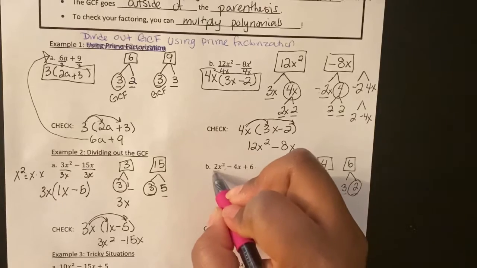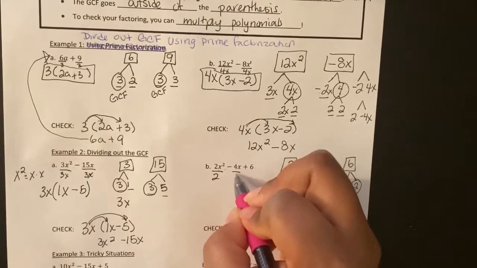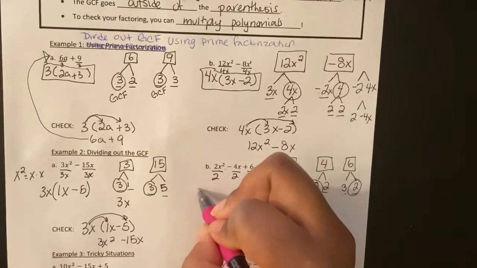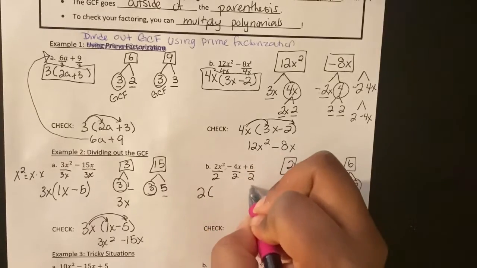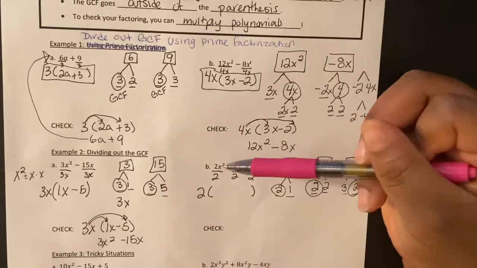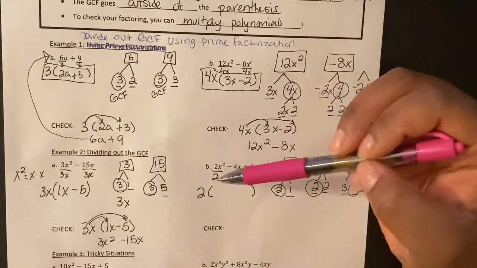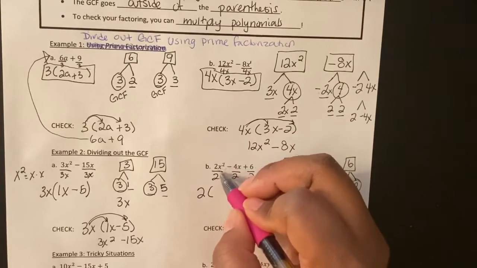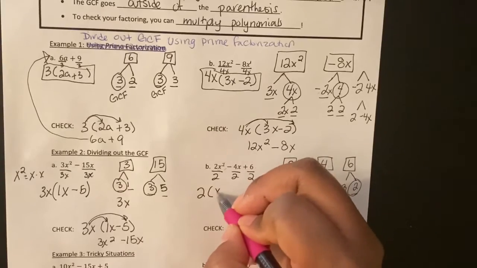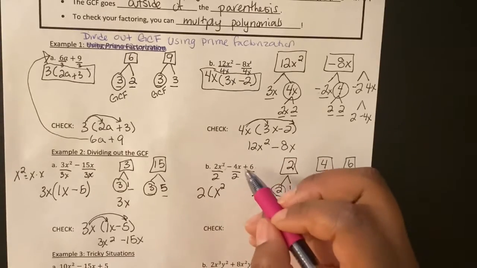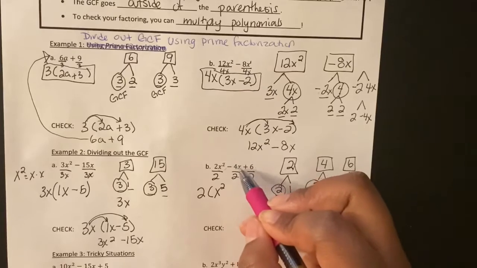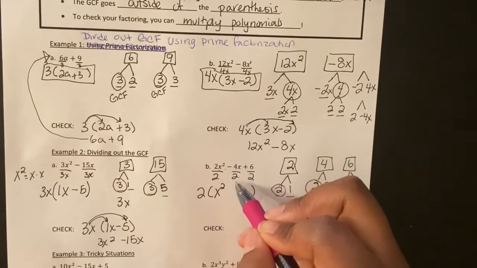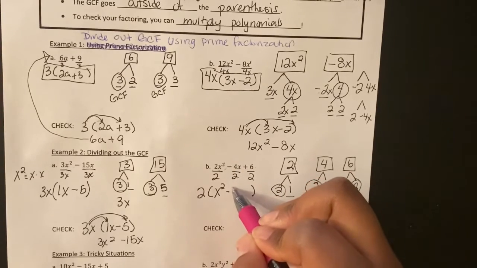So I'm going to divide everything by 2. Put the 2 on the outside of parentheses, and let's see what I have left. 2x squared divided by 2: 2 divided by 2 is 1. I don't have anything dividing the x squared, so x squared is all that's left. Negative 4x divided by 2, or negative 4 divided by 2, is negative 2.